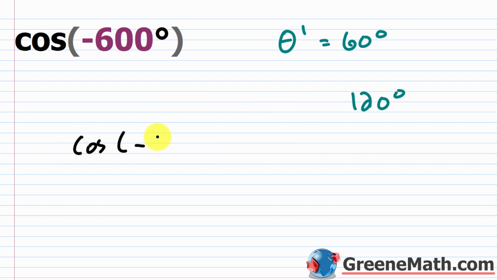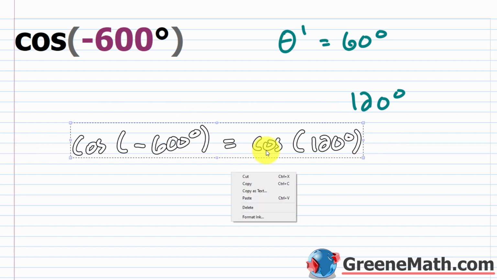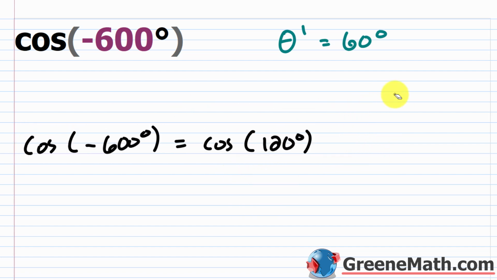Cosine of negative 600 degrees is equal to the cosine of this 120 degrees. Now, here's where you have to apply a little bit of thinking, and you want to say, well, this is in quadrant 2. Is cosine positive or negative? It's negative in quadrants 2 and 3. So I'm going to put equals here, and then I'm going to put the negative of the cosine of this reference angle, which is 60 degrees.